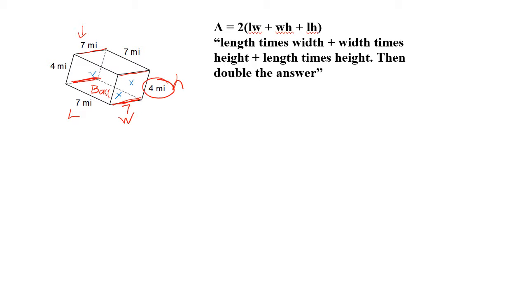All right, so area is equal to, I'm going to double at the end. First I need to find length times width, so that's going to be 7 times 7. Then I'm going to add that to width times height, 7 times 4. Then I'm going to add that to length times height, so 7 times 4 again.